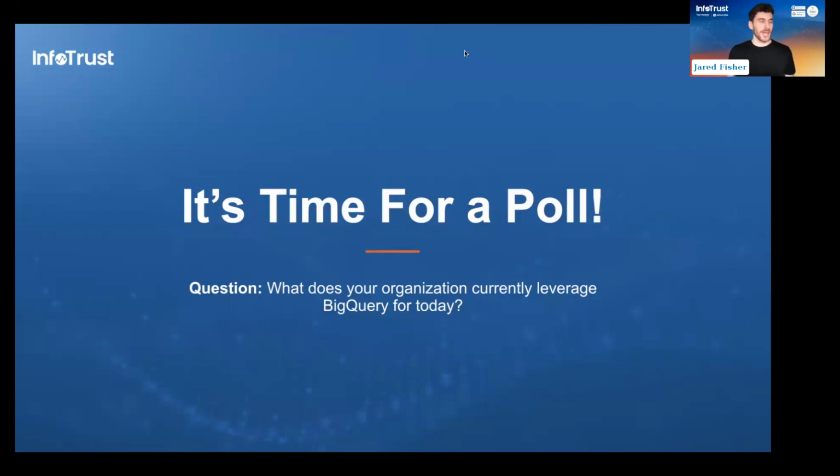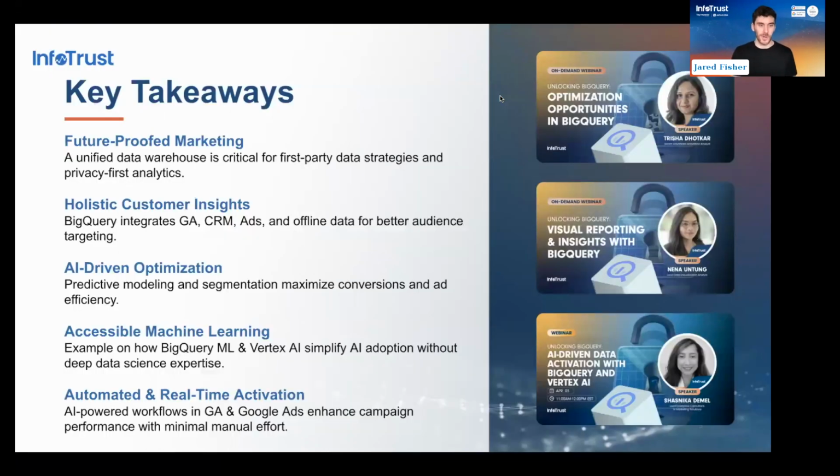With that, we'll jump into the key takeaways that we're hoping you get out of today. Obviously, coming away with a strategy for future-proofing your marketing is a goal. So how can you activate data? How can you future-proof with first-party data and ensure that you're stepping forward with a privacy-first analytics capability?